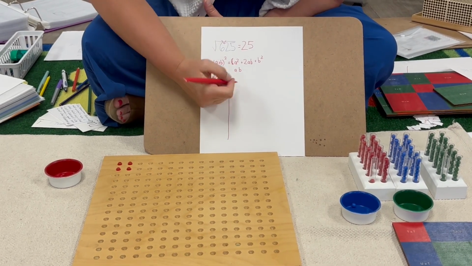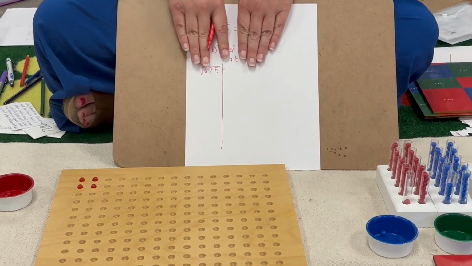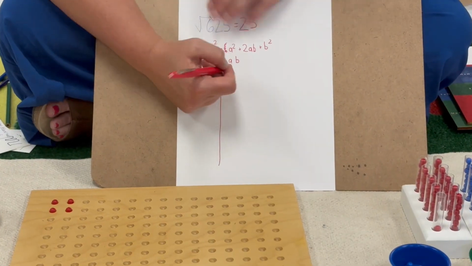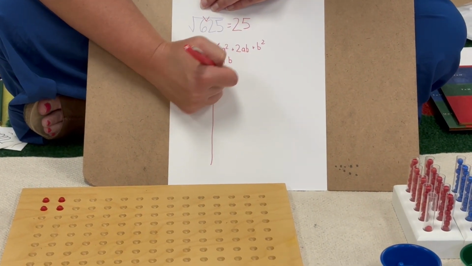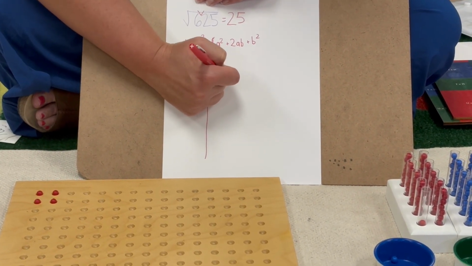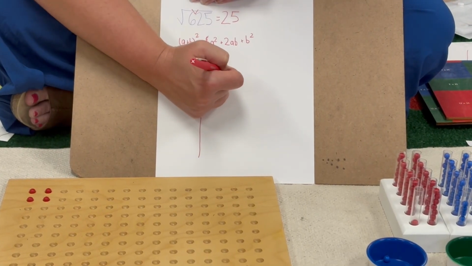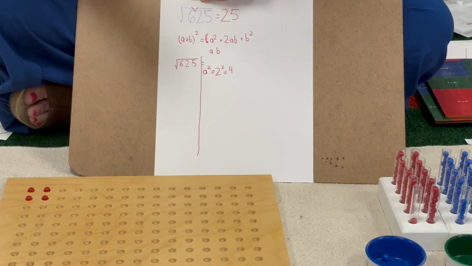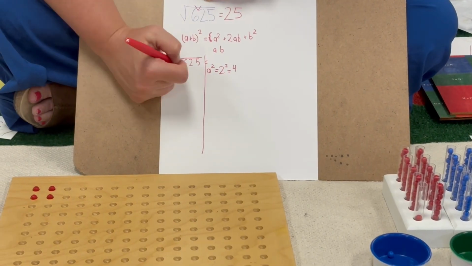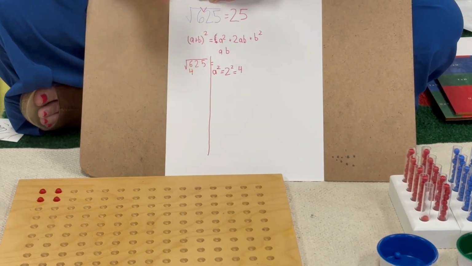That's what we're guessing. So the first part of our equation is A squared. So we're going to write down A squared equals 2 squared equals 4. So in the hundreds place, I'm going to write a 4.